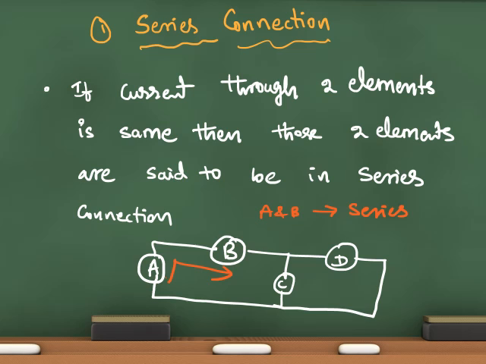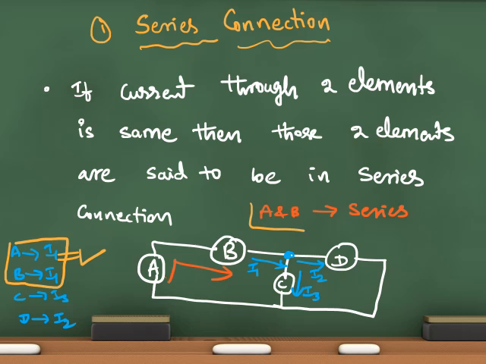And what about C? Suppose I divide this current, say this is I1, and as it is a node, the current will be diverted here like I2 and I3. So the current through A is I1, B is I1, C is I3, D is I2. Here the current through two elements A and B is the same. That's why A and B are said to be in series. Okay.